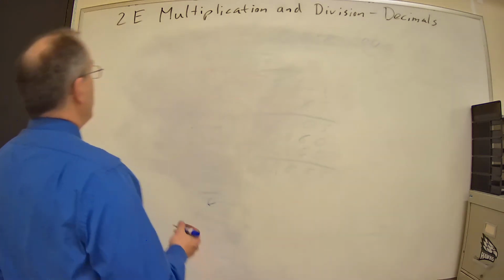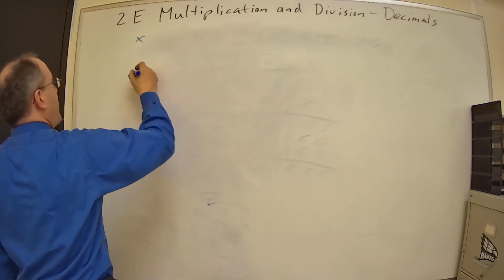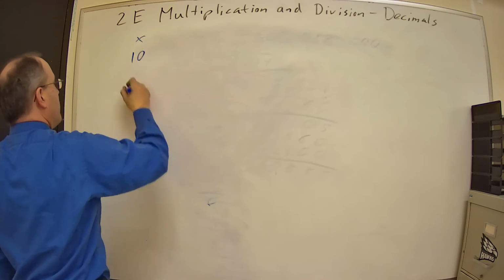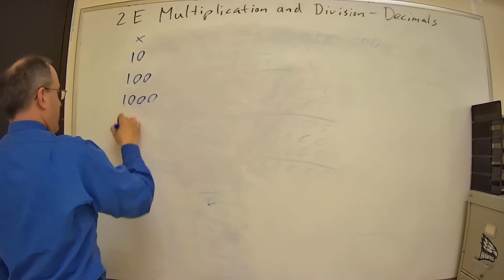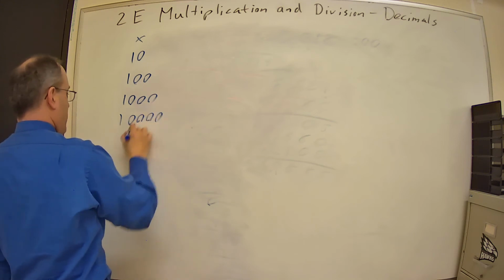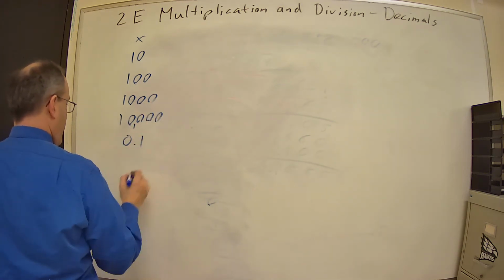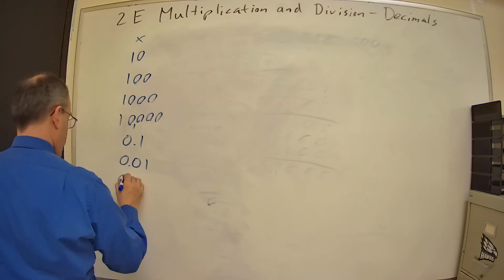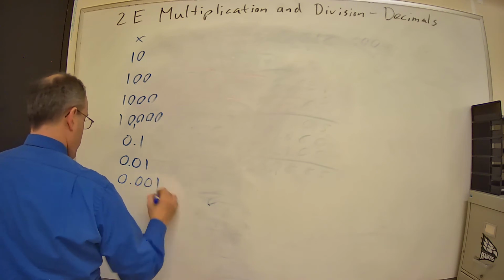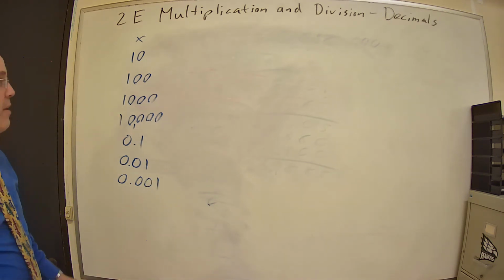Well, I'm going to say if you multiply by 10, 100, 1,000, 10,000, or if you multiply by 1/10, 100th, 1,000th, just to give us some examples here, what happens?